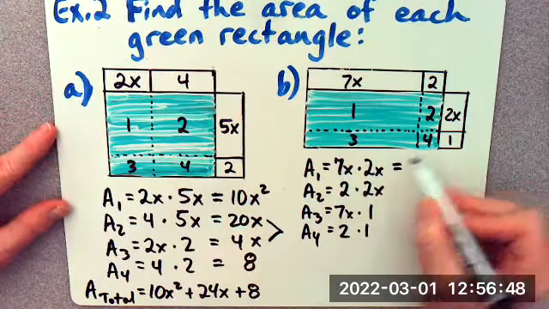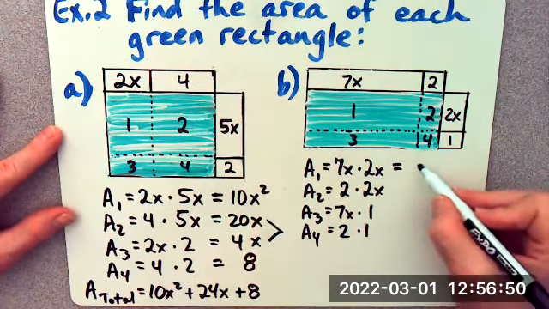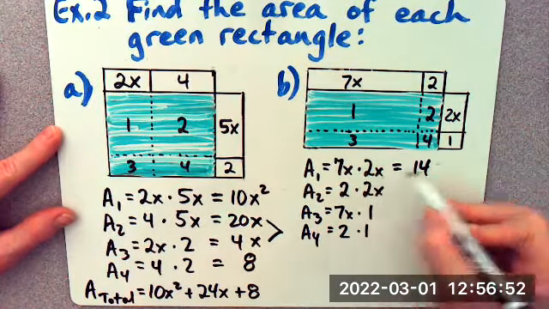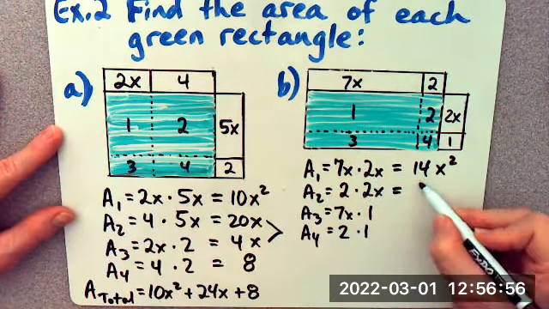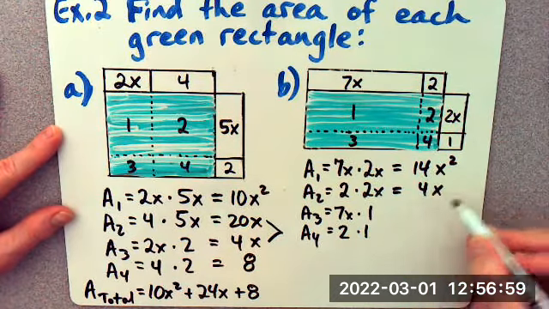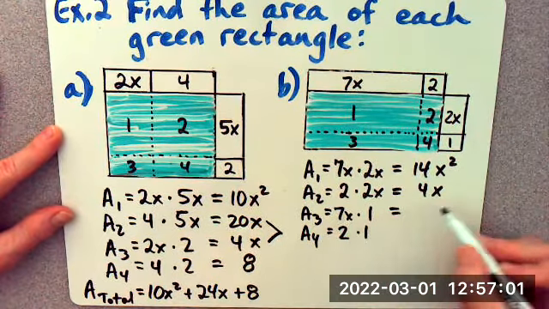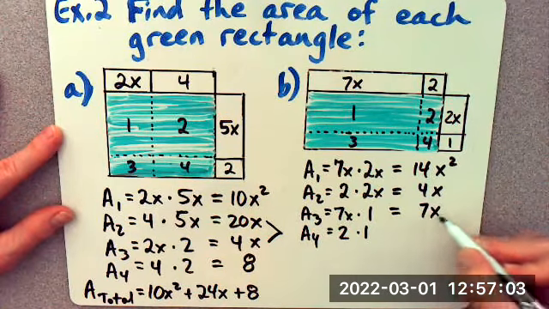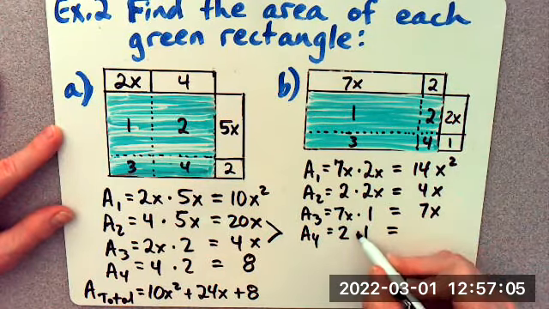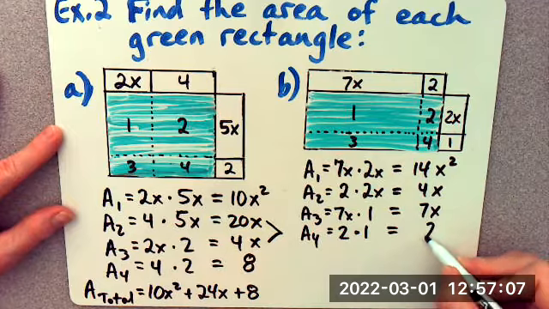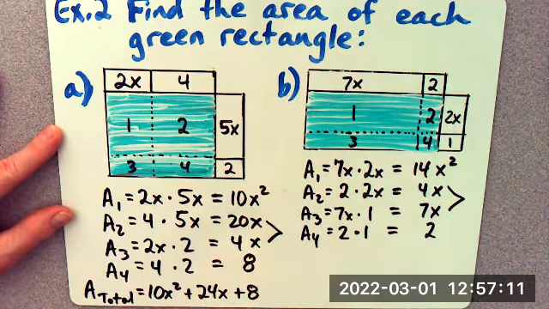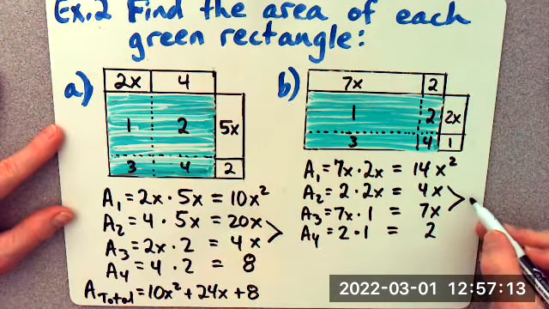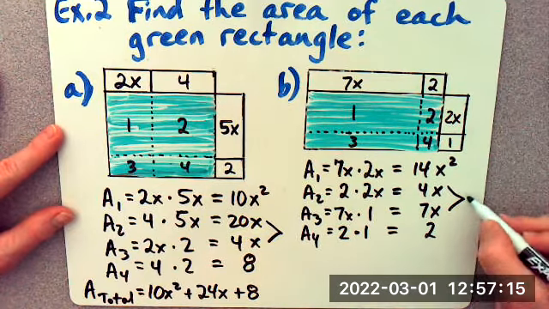So when we multiply that out, 7 times 2 is 14, and x times x is x squared. 2 times 2 is 4, and we have an x there. And then the 7x times 1 is the identity, so it's 7x. And 2 times 1 is also the identity, so we have 2. So the only 2 like terms are those 2, which gives us 11x.